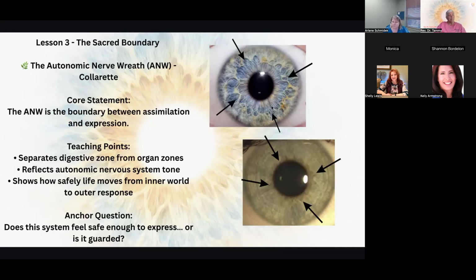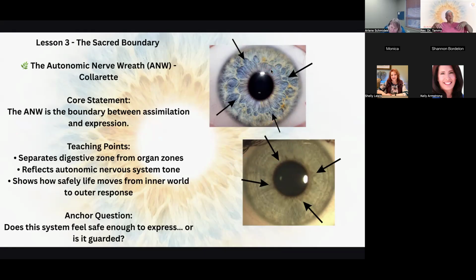This is the autonomic nerve wreath, also known as the collarette. This is what we see all around here. So the autonomic nerve wreath is the boundary between assimilation and expression. It separates the digestive zone from the organ zones. It reflects the autonomic nervous system tone, and it shows how safely life moves from the inner world to the outer response. This person's really far out there.